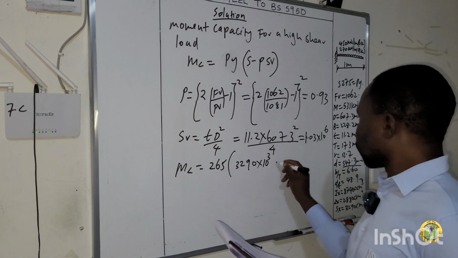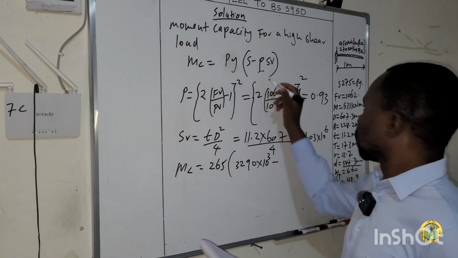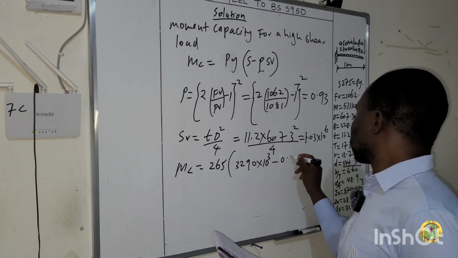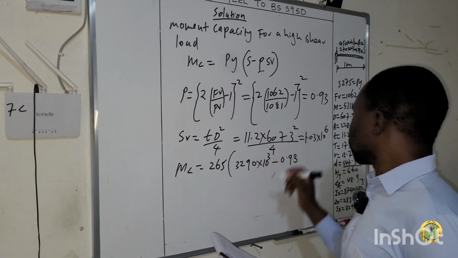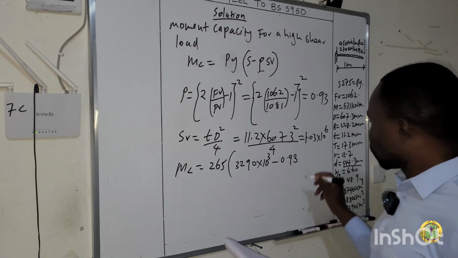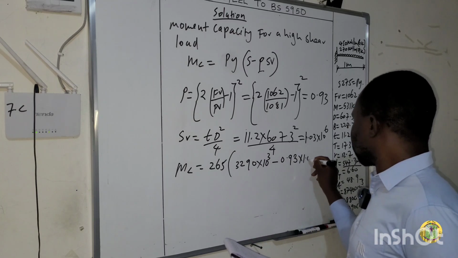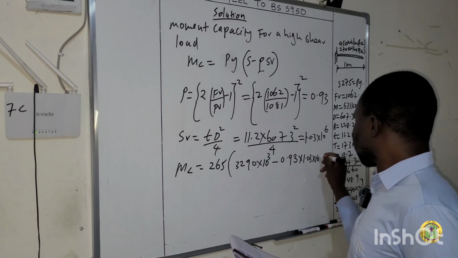Then minus this is 0.93 times 1.03 times 10 raised to the power 6.